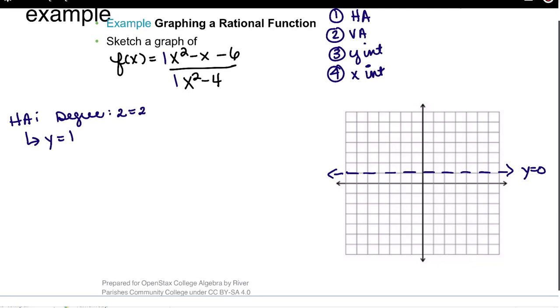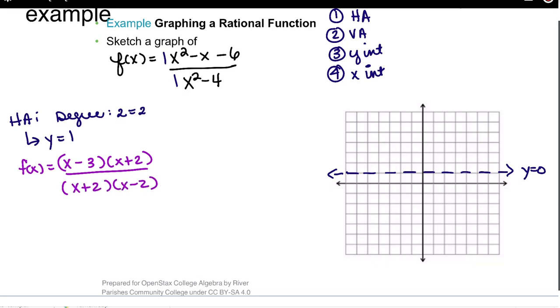Okay, so then let's see, vertical asymptotes. Actually, before we do that, let's go ahead and factor. So f of x is equal to x minus 3 times x plus 2, and the denominator factors into x plus 2, x minus 2.